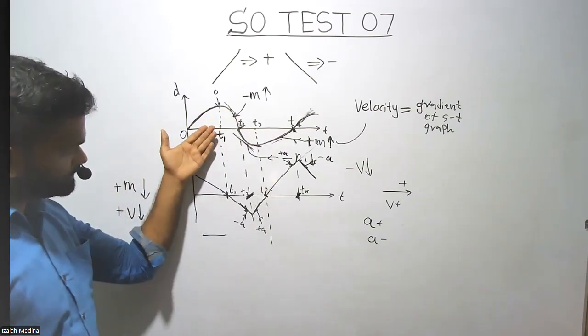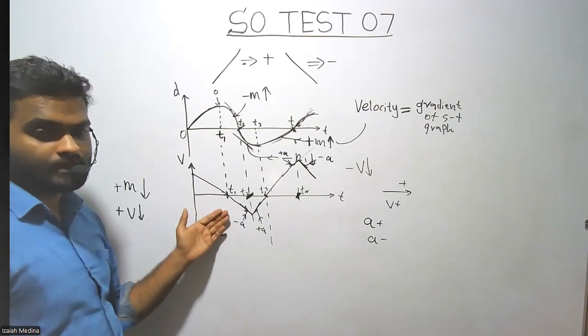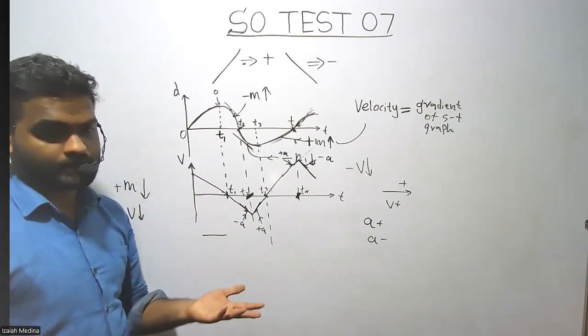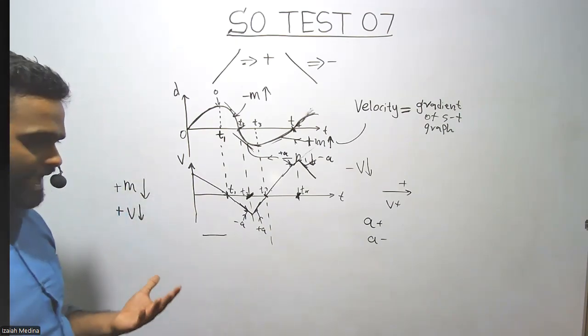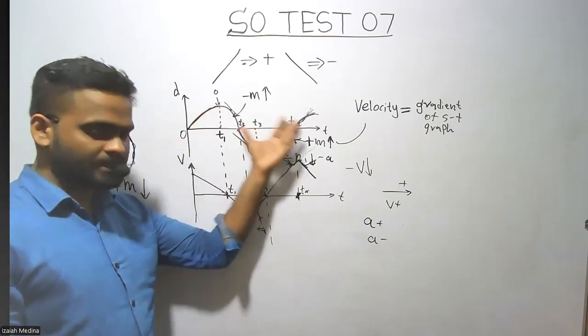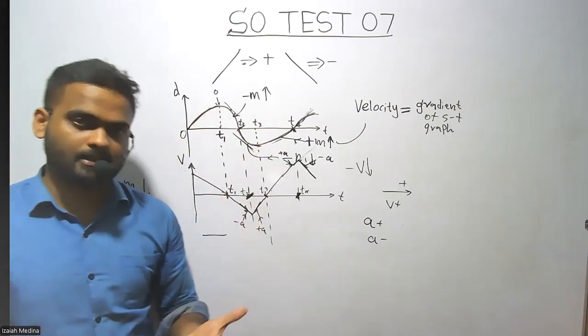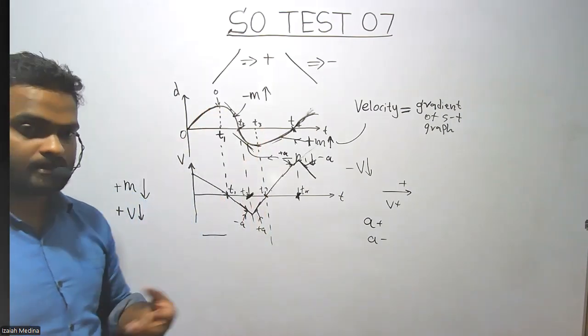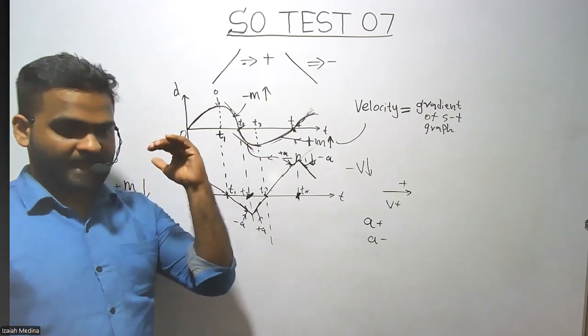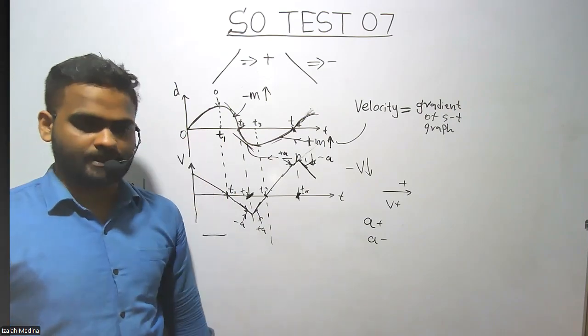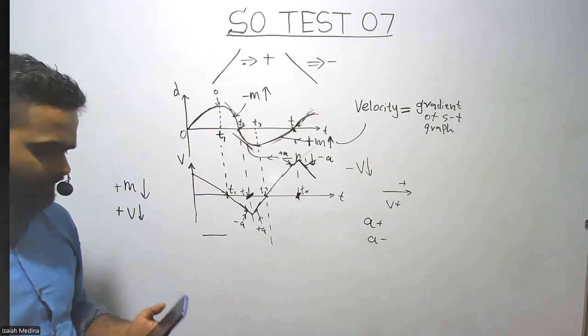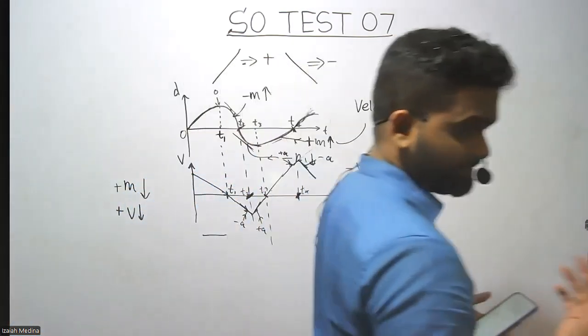But if you don't, first you have to convert this into a VT graph, then figure it out. Thinking about acceleration only using a displacement time graph is somewhat complicated. You need higher practice in dealing with graphs there. That's the reality.